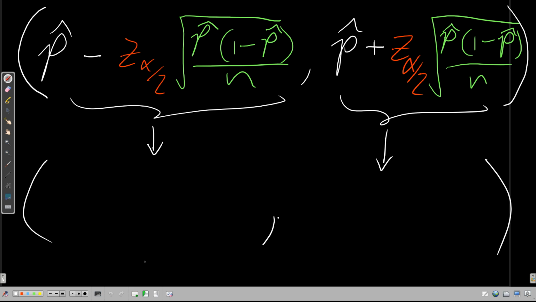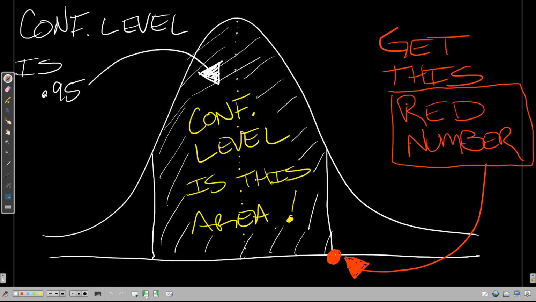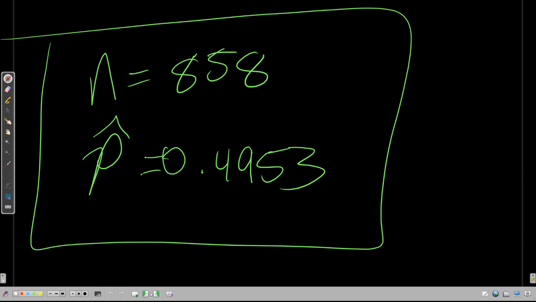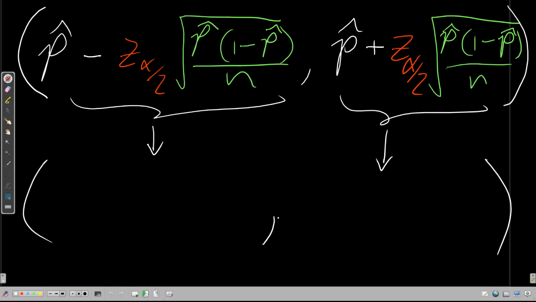And when you compute the two numbers, you have to compute the point estimate minus the error, and then over here is the point estimate plus the error. So with our point estimate being, I forgot what it was already, 0.4953, then this would be 0.4953 minus that 1.96 times 0.0171.